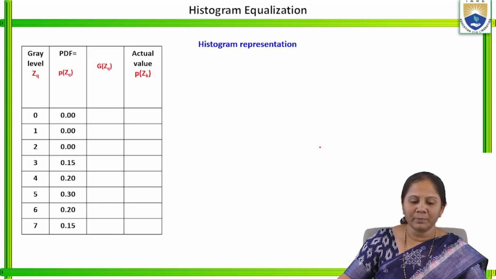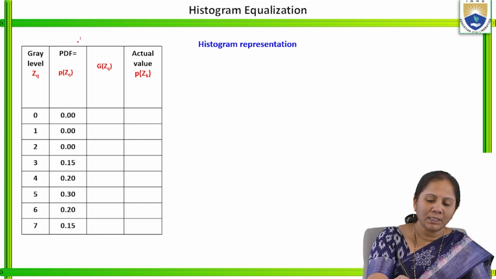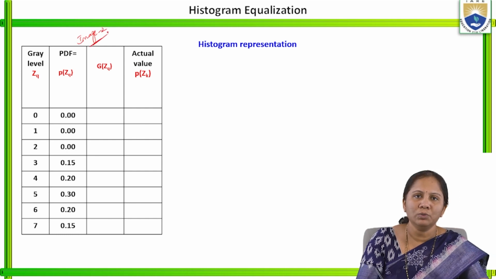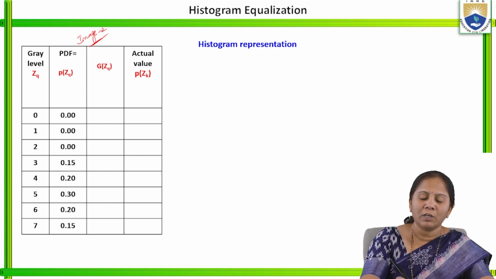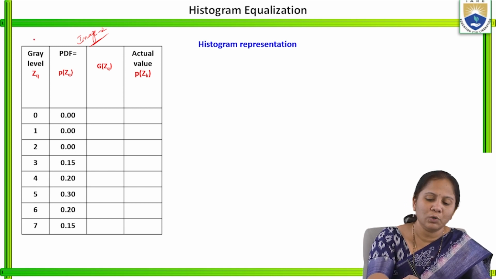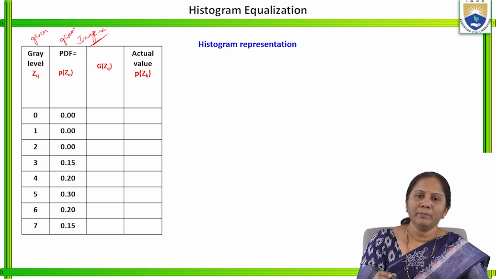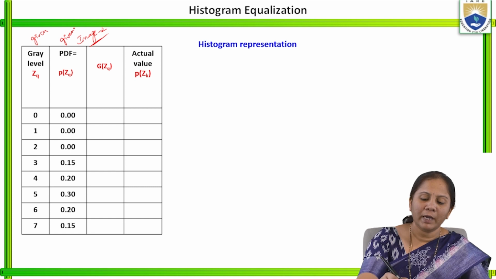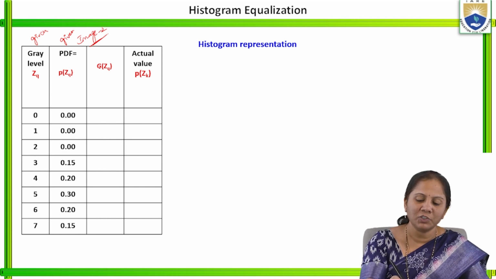And the next step is image 2, which is given. So what are the values given here? ZQ will be given and P of ZQ also will be given. To perform this histogram matching, we have to calculate the transfer function G of ZQ and also the actual value P of ZK.